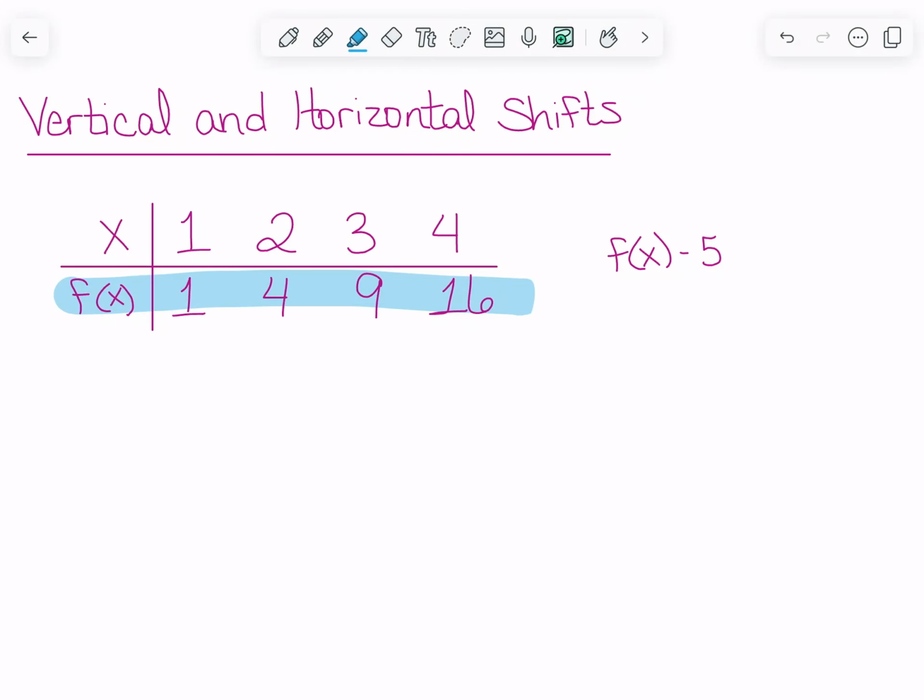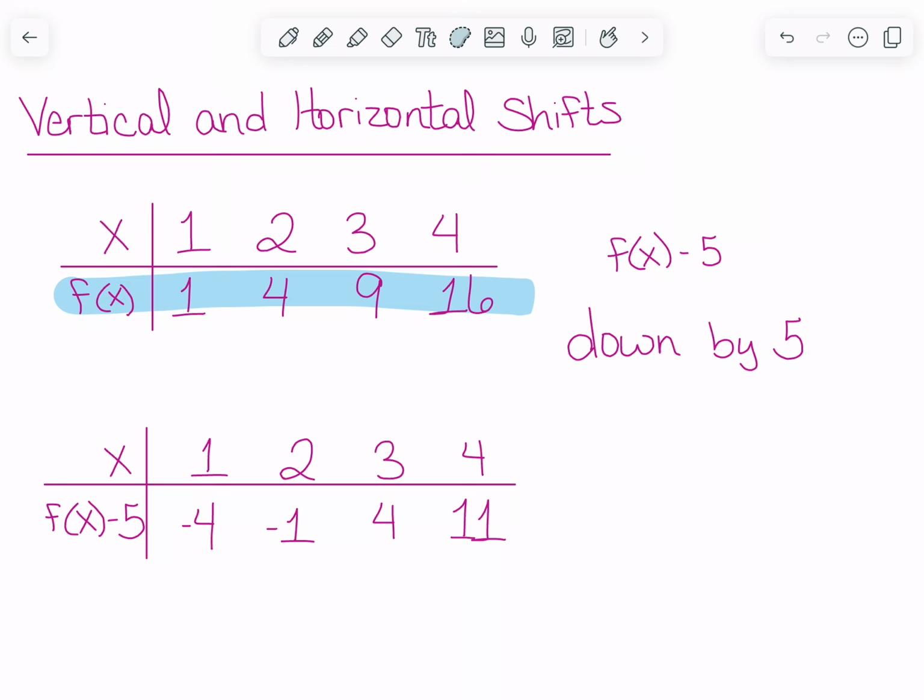Since we're subtracting 5, that says we are moving down by 5 units. So we need to subtract 5 from each of our outputs. So 1 minus 5 is negative 4, 4 minus 5 is negative 1, 9 minus 5 is 4, and 16 minus 5 is 11. So we have our new table here.